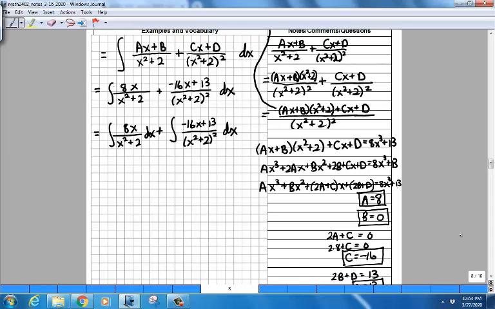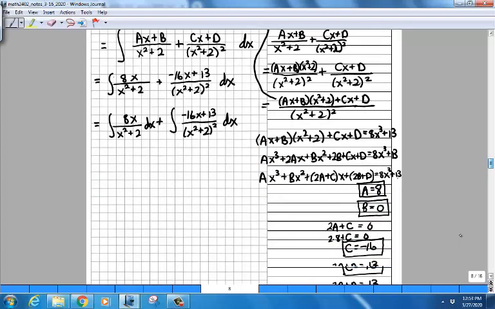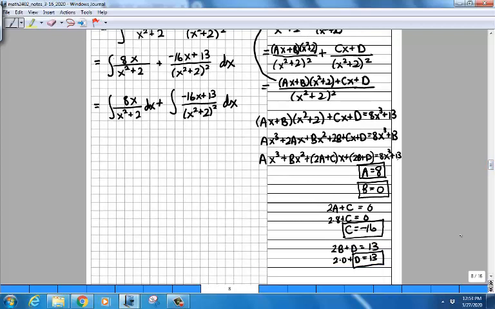Those now are the two antiderivatives we have to compute in order to finish this problem. That's a little bit better than what we started with. Even though there are two antiderivatives now instead of just one, these two are much easier to deal with than that one big ugly antiderivative we originally started with.